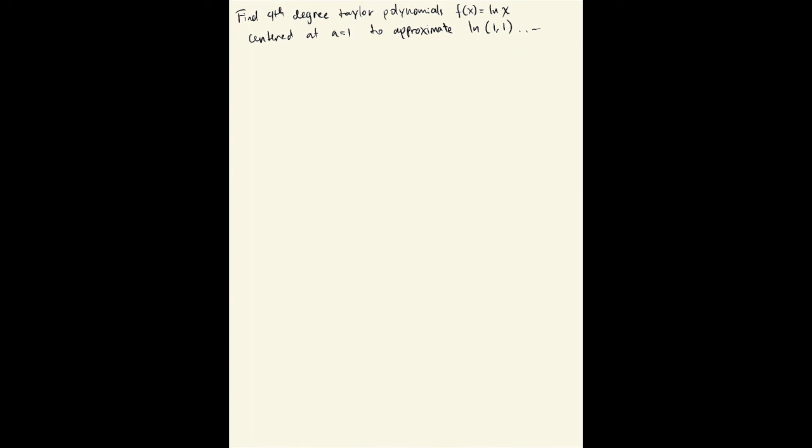So another example question: you need to use the Taylor polynomials with all that information to approximate some numbers, for example, 1.1. You will use the same method as the Taylor polynomial.